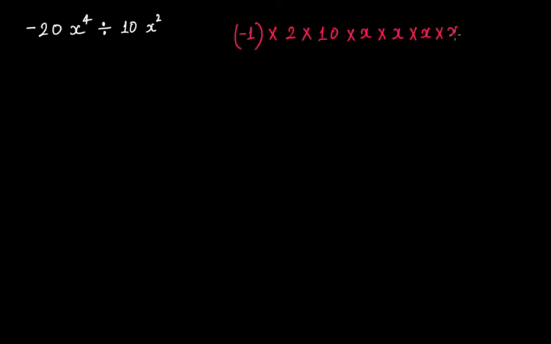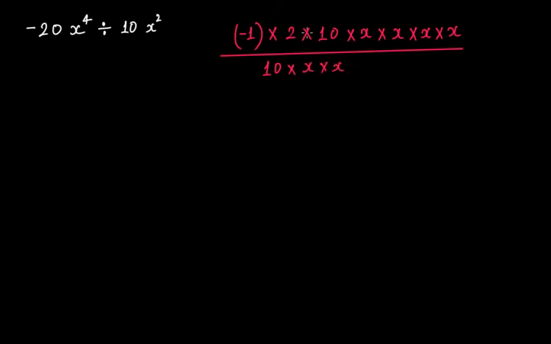Okay, then you have minus 20x raised to power of 4 divided by 10x squared. Now this minus 20, we can write as minus 1 multiplied by 2 multiplied by 10 multiplied by x multiplied by x multiplied by x multiplied by x, divided by 10 multiplied by x multiplied by x.